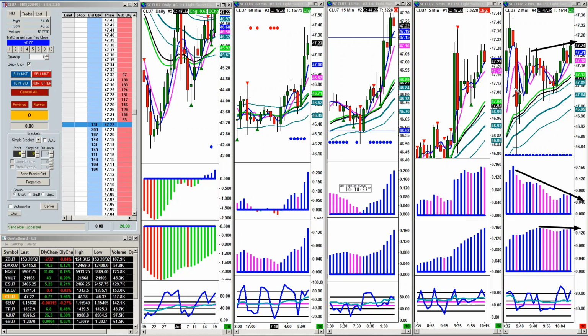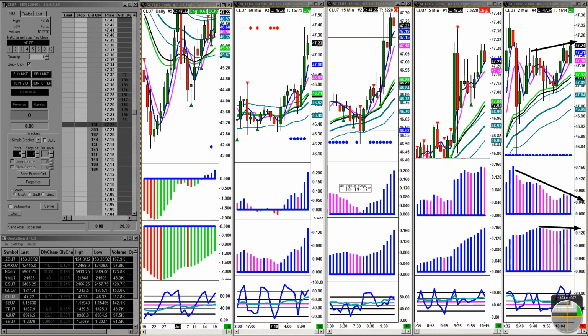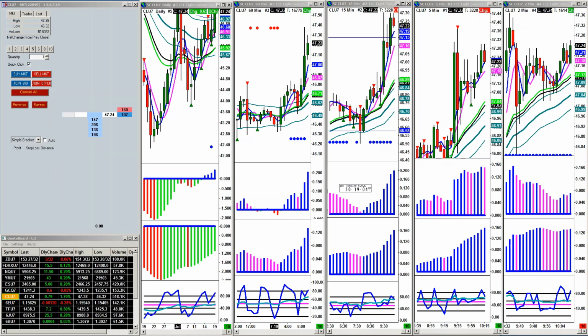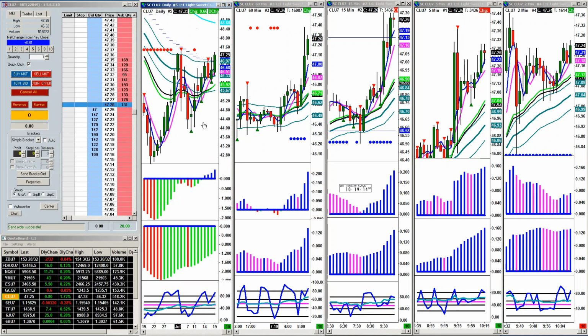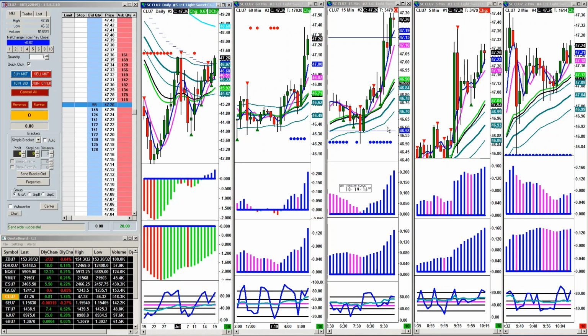Exactly. Very good, gang. A negative divergence. So whenever we're trying to break a key support or resistance level, what is the one thing you do not want to see in your trade?